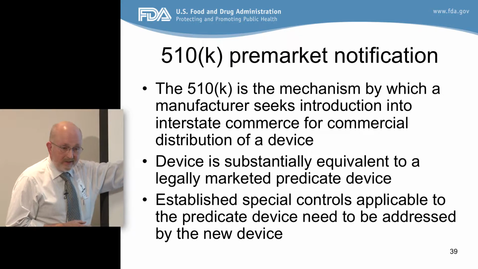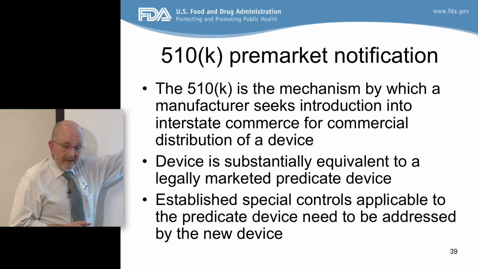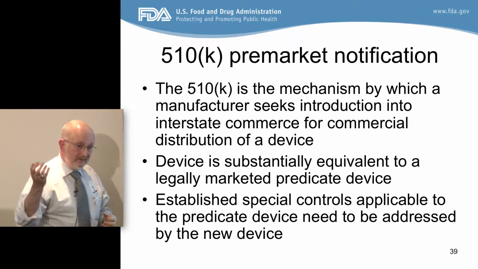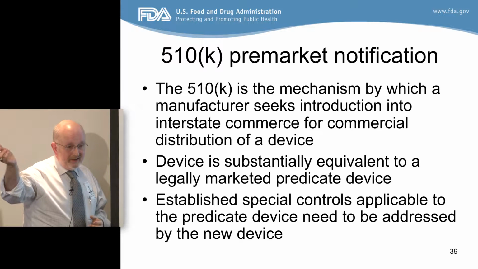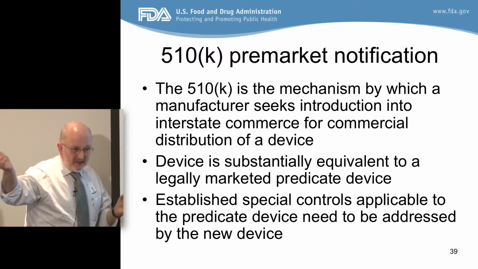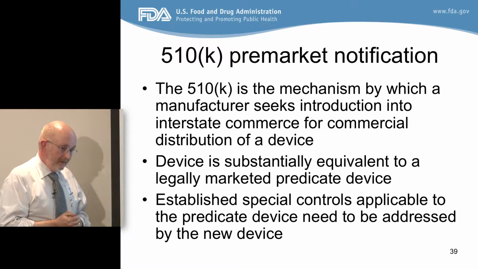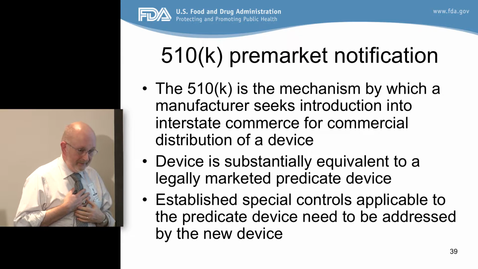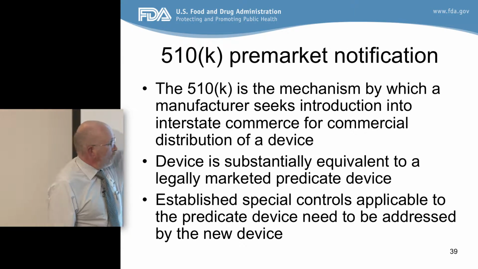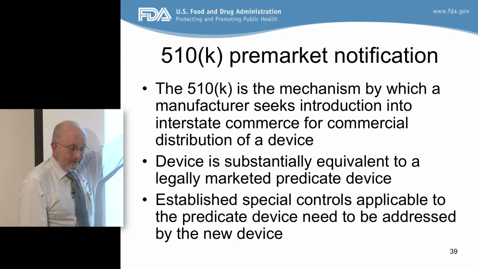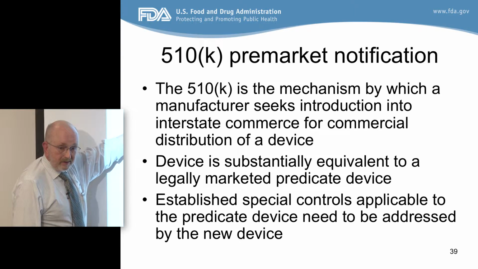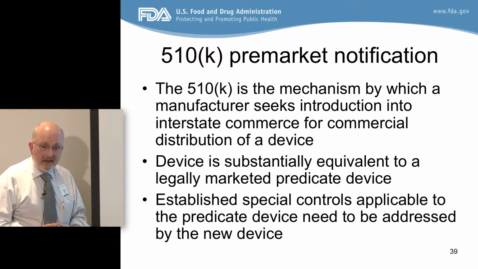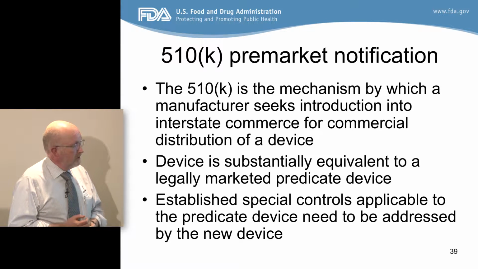If they come in with a new device and a 510K and say, this is my device, it's the same or a very similar device that Varian produced, so we're claiming that's a predicate, FDA can say, no, it's not a predicate, or we can say, yes, we agree with you, this is the predicate. So this is one way FDA establishes how we're going to regulate medical devices.